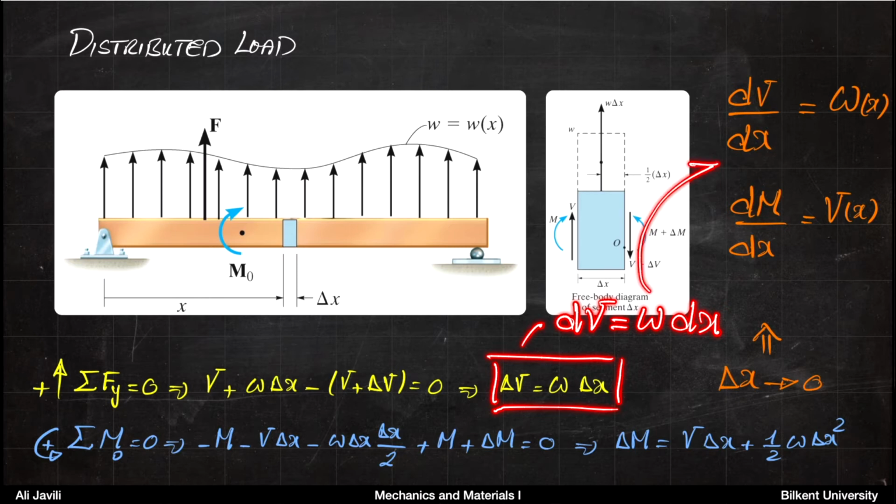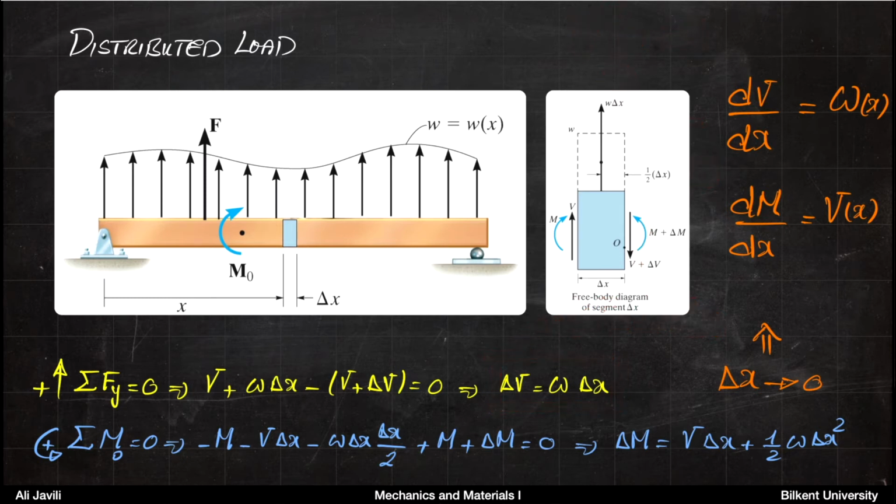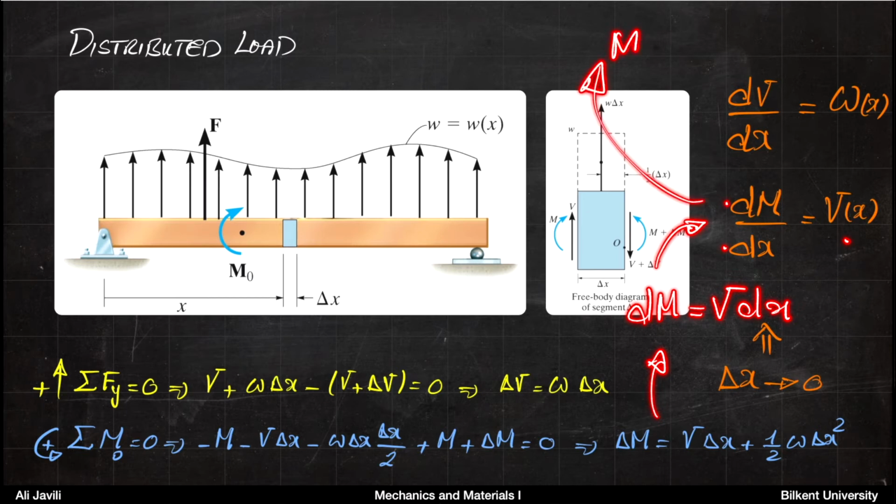Or otherwise, you can say dV over dx is W as a function of x, or in short, V prime equals W. For the blue equation, if delta x is very small, delta x squared is negligible, so we ignore this term, and then the relation holds: dM equals V dx, or dM over dx is V, or M prime equals V.